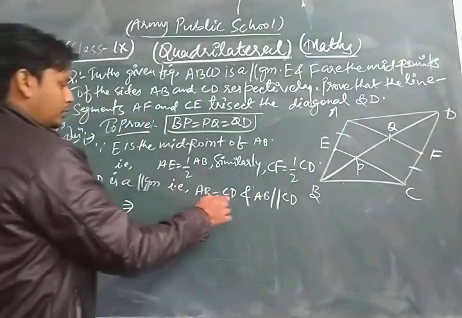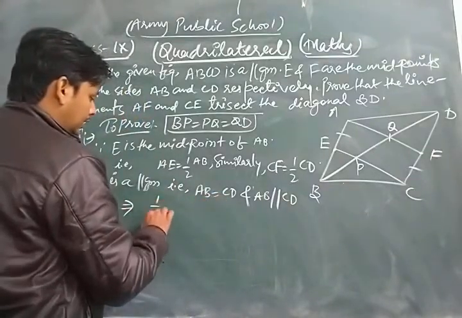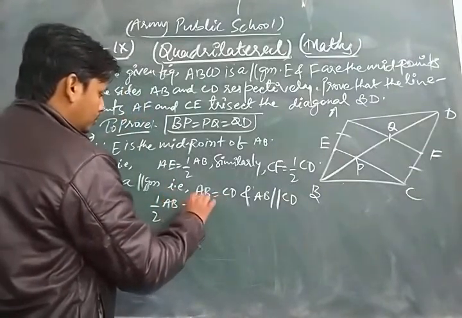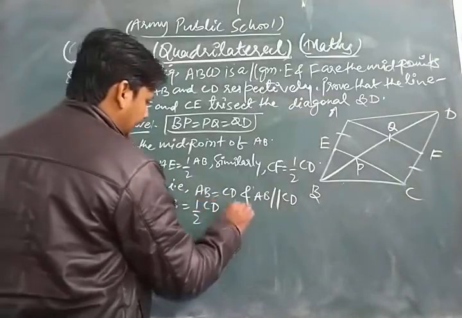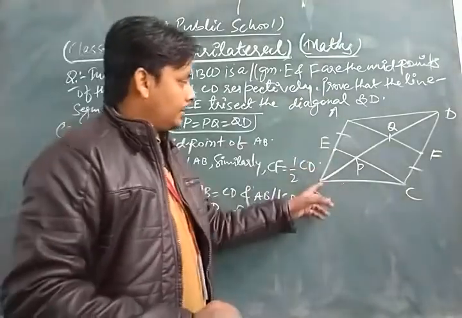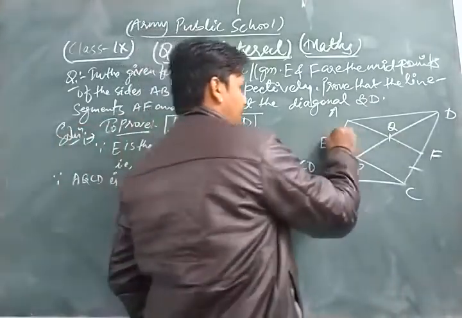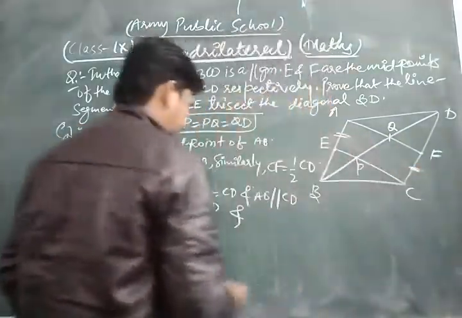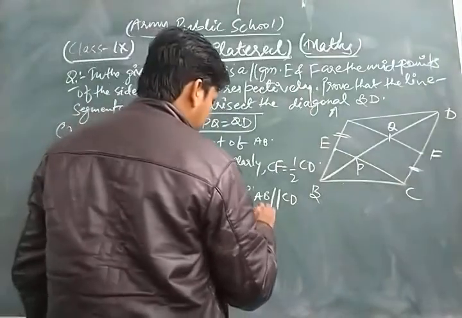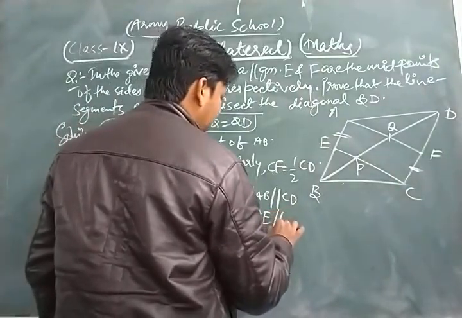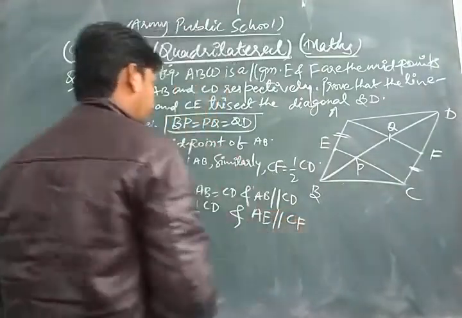Now we divide both sides by 2, so half of AB is equal to half of CD, and since AB is parallel to CD, this implies that AE is also parallel to CF.